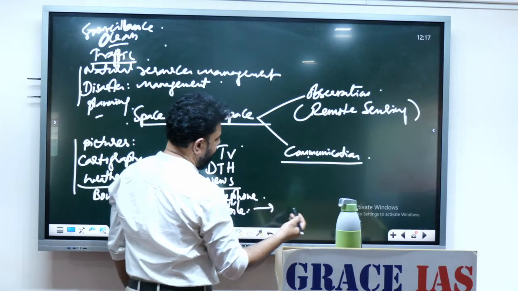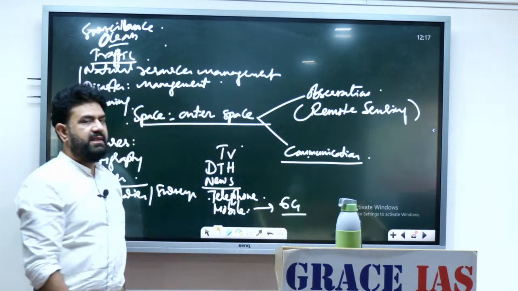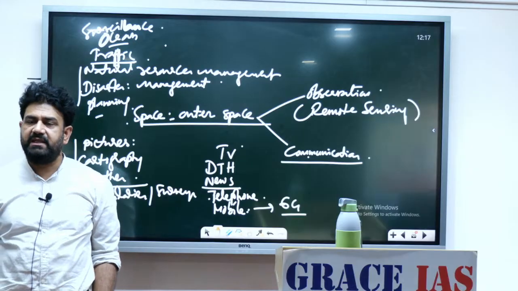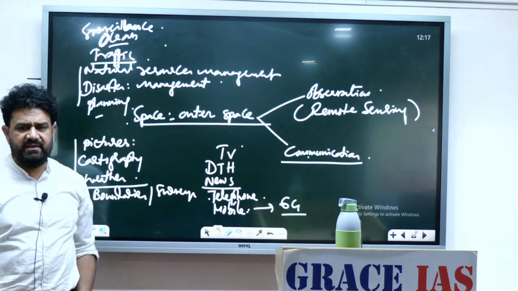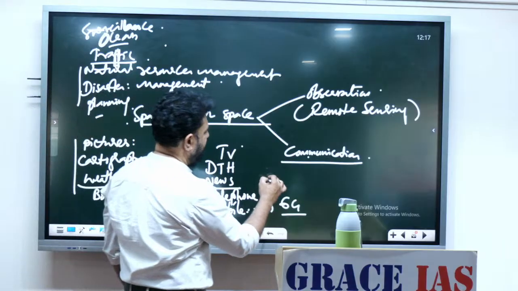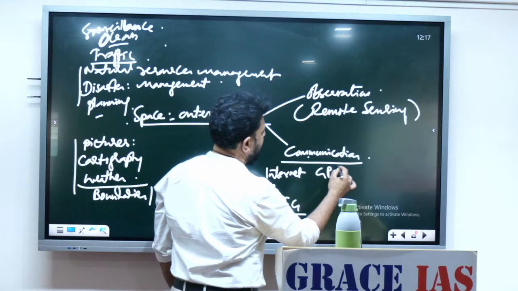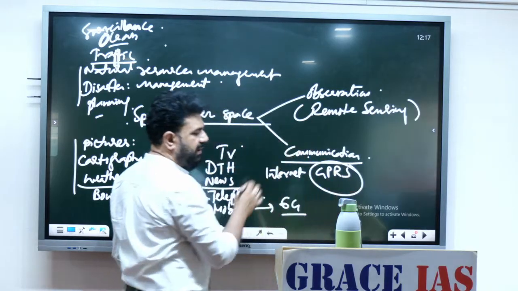So in other parts of the world, I think 6G is going on, yes or no? We have 5G communication. In Japan and other countries, 6G is already getting outdated. Yes, so high speed internet, we have something called what? GPRS, Global Pocket Radio Service.